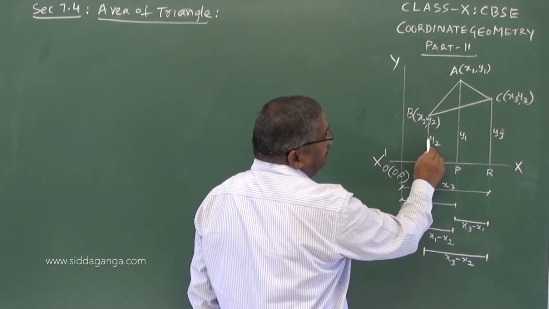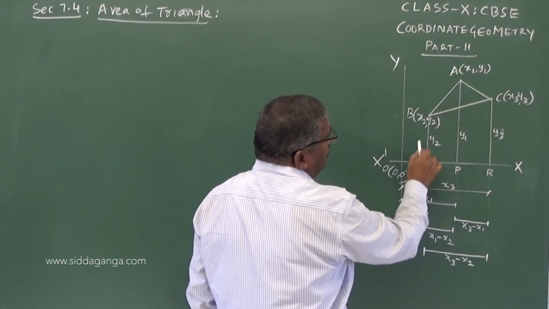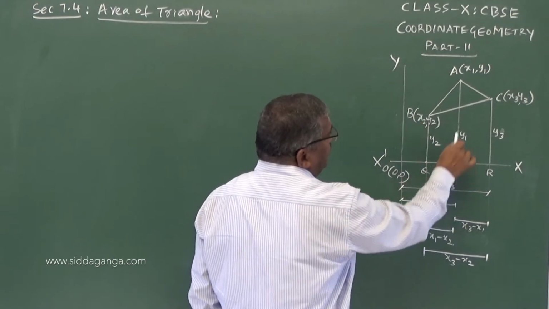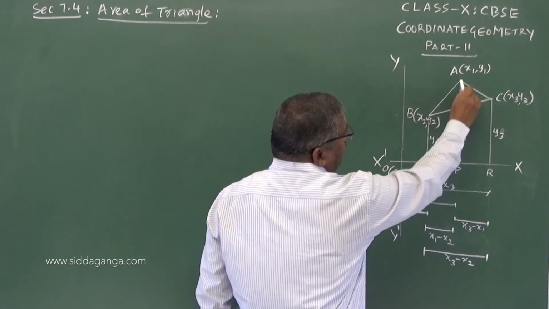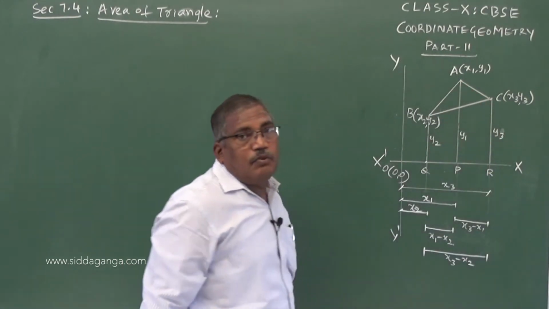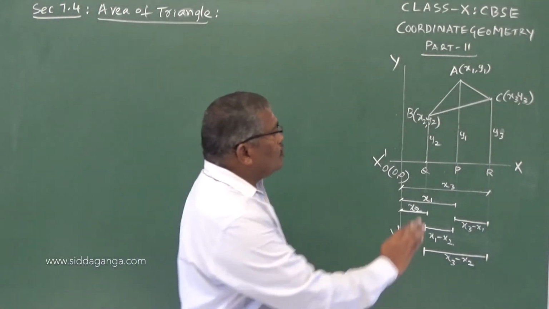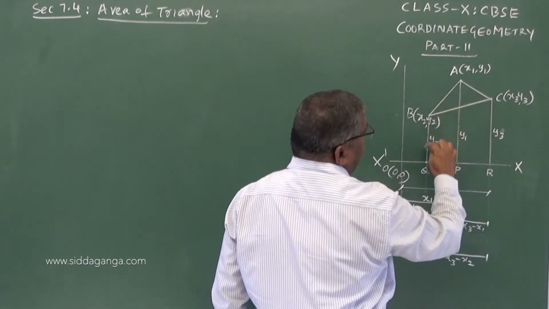So now we have got two trapeziums here. BQPA we consider as one trapezium, and APRC is another trapezium. We will calculate the area of these two trapeziums, and then we will get the entire area.